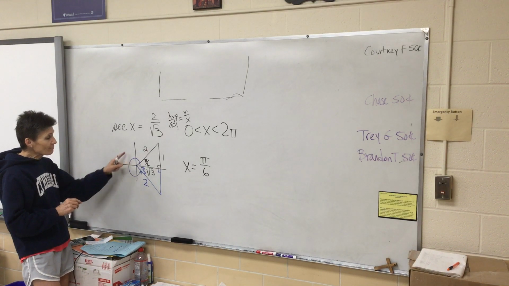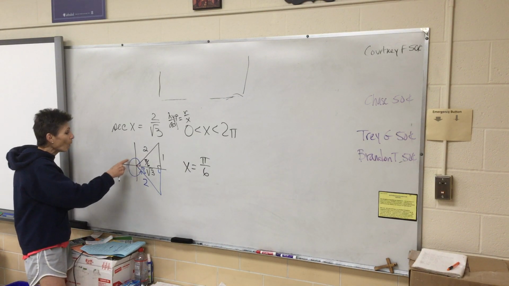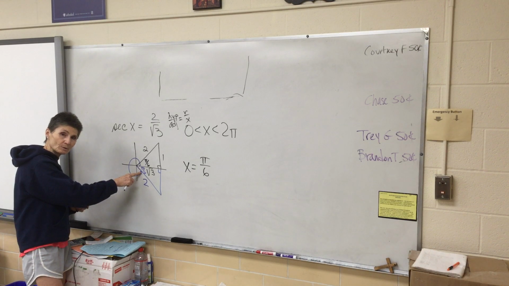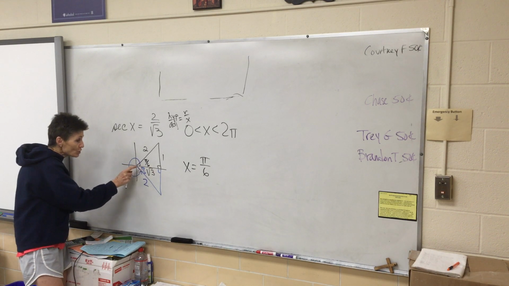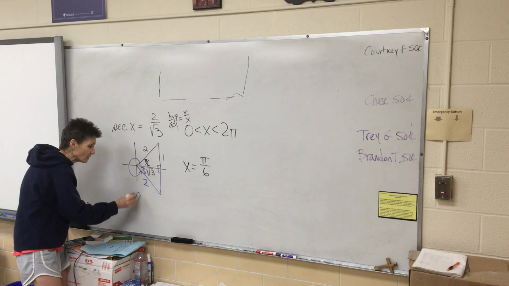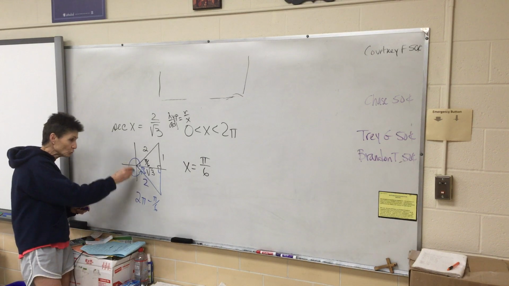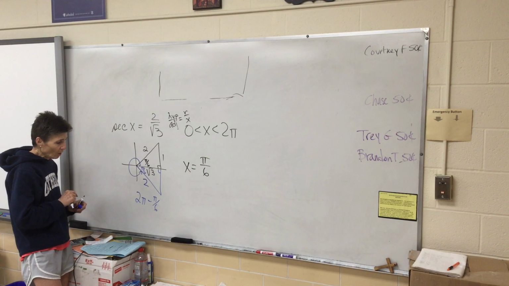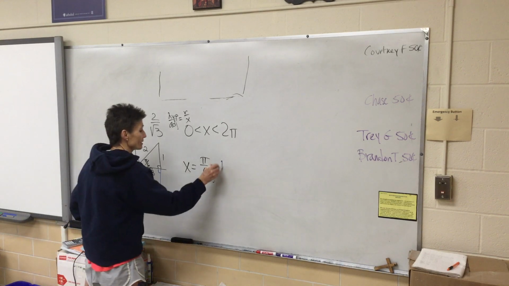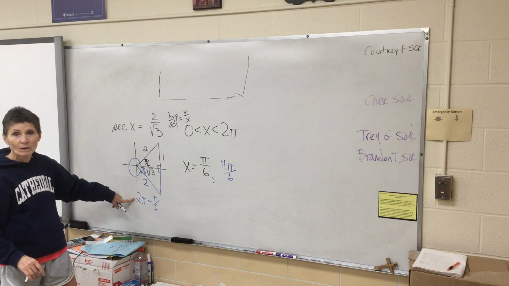Keep in mind, a full revolution is 2 pi. You didn't quite make it all the way around. You didn't go this last little part. So won't this big blue angle be 2 pi minus pi over 6? It's the whole 2 pi except for pi over 6. So that would be what? 11 pi over 6. 12/6 minus 1/6.